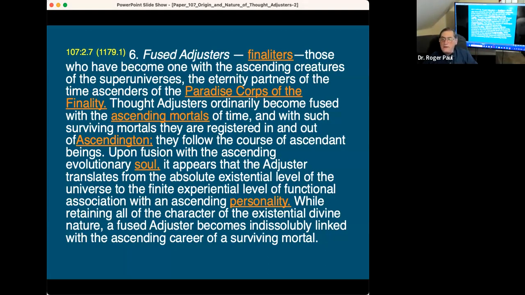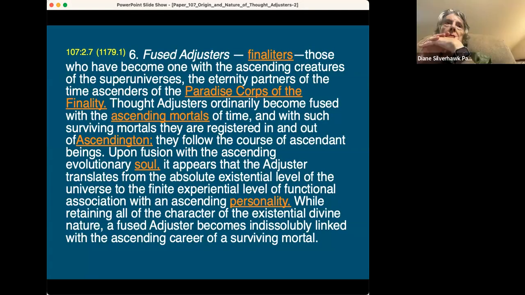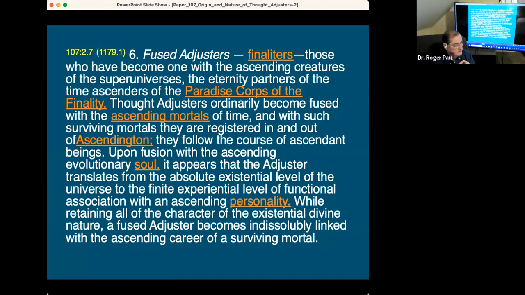It means we not only have a divine fragment within us, but when you fuse with that adjuster, you become part of God the Father, part of divinity. Does that make sense? This is why they call us real sons and daughters of God at that point of fusion, because once we fuse, you can never be separated again.